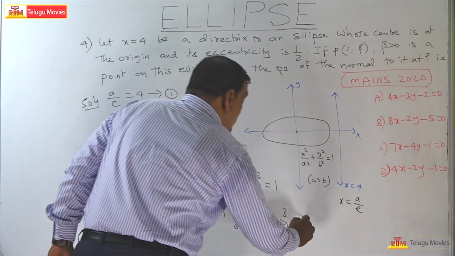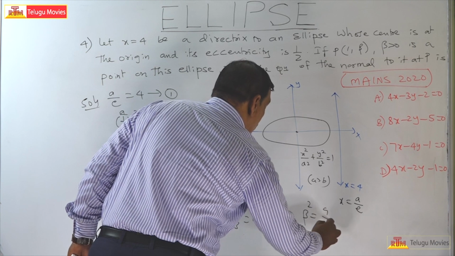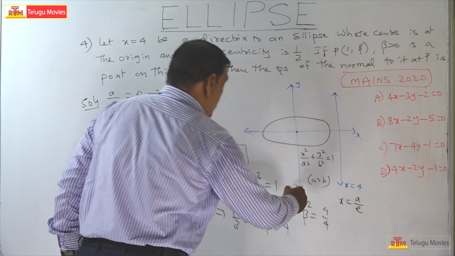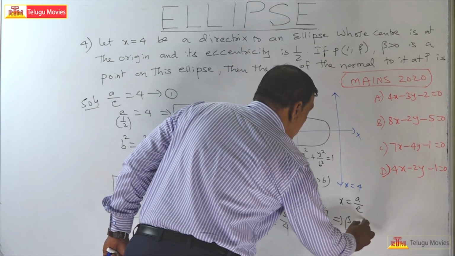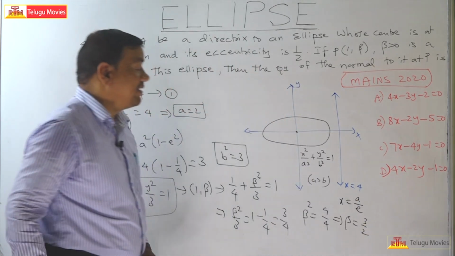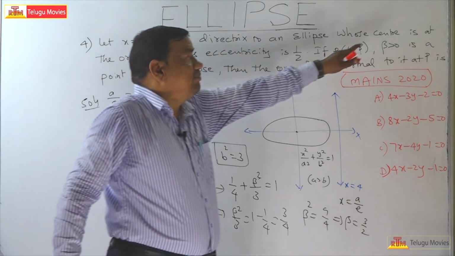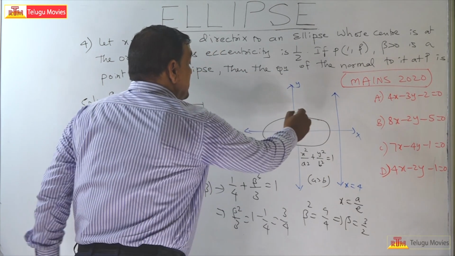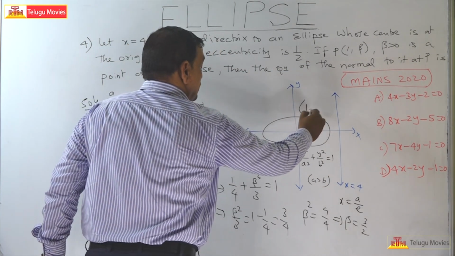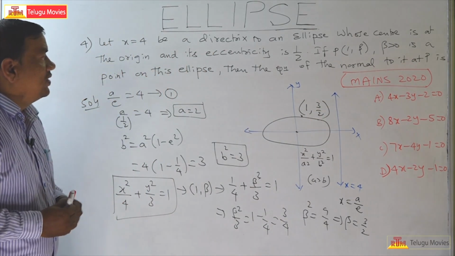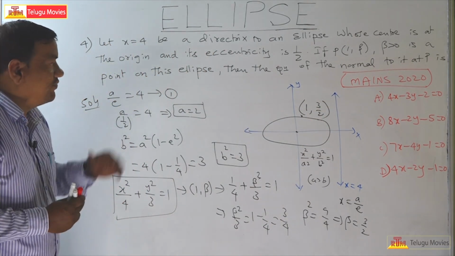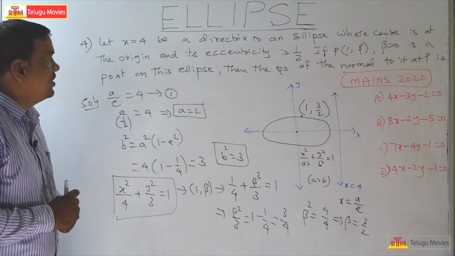So beta square is equal to 9 by 4, since 3 threes are 9. This implies beta is equal to plus or minus 3 by 2. But it is given that beta is greater than 0. Therefore, 1 comma 3 by 2 is a point on this ellipse.